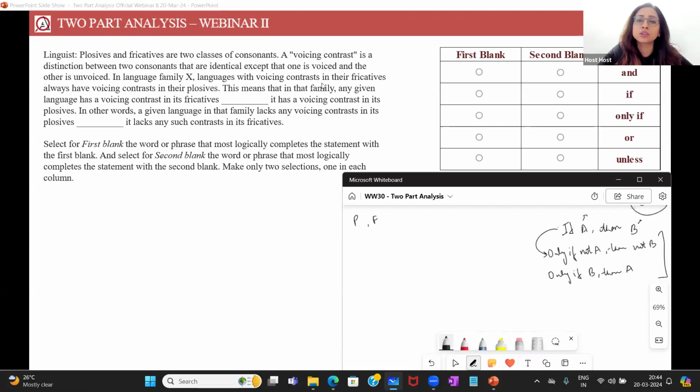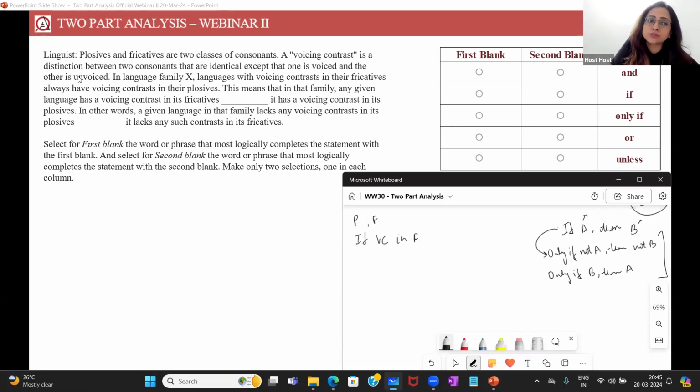Languages with voicing contrasts in their fricatives always have voicing contrasts in their plosives as well, which means, let me write this down, I'm going to put it in the form if A then B, because I understand that very well.